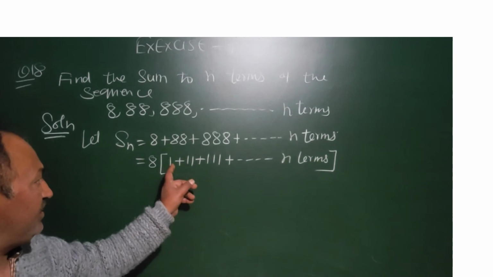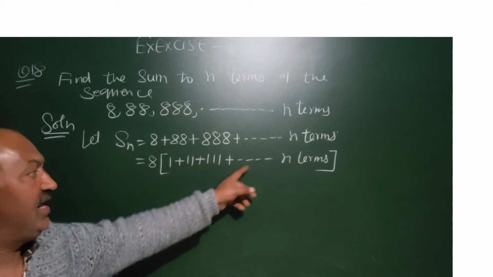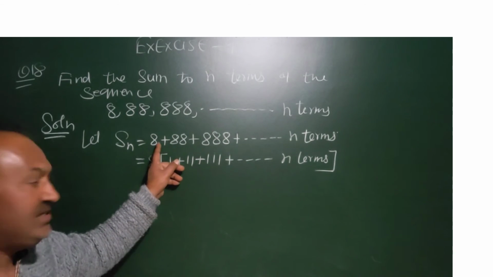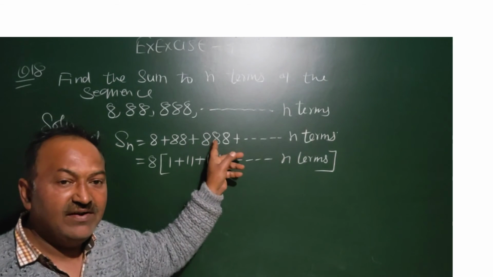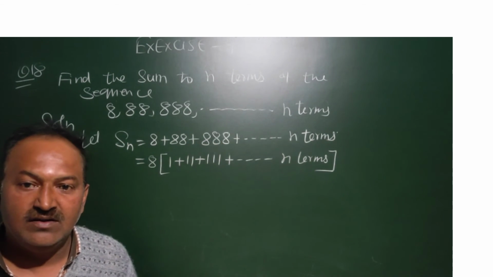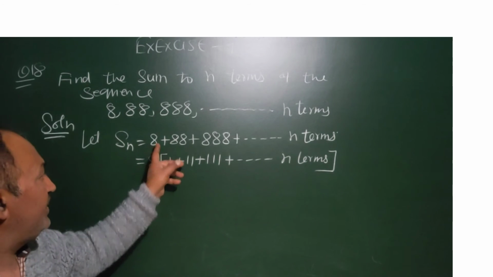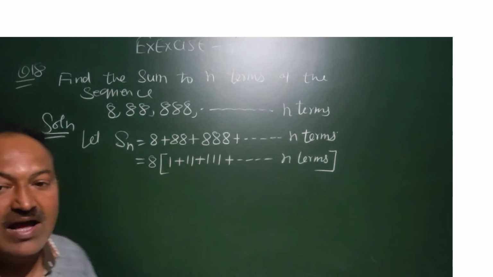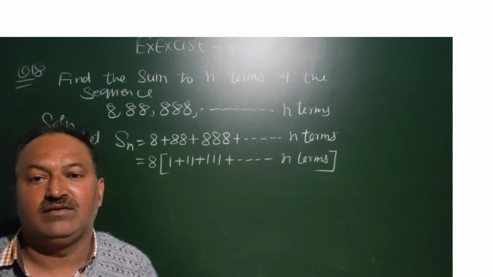First of all, make 1, 11, 111 and so on, by taking this number common. If there is 555, then you have to take 5 common. If there is 77, 777, then you have to take 7 common.